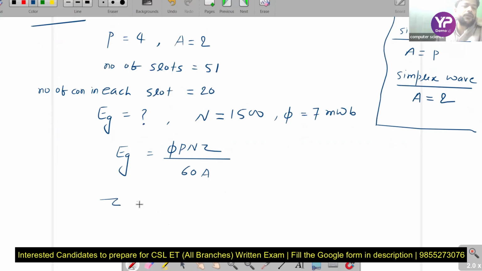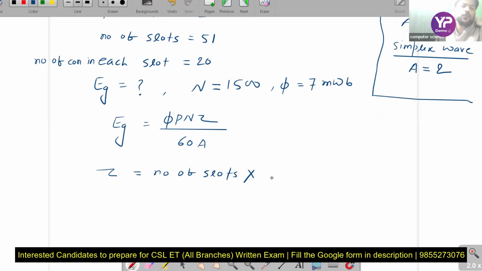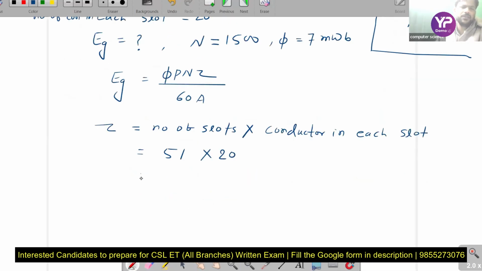So total number of conductors Z is equal to the number of slots into the conductors in each slot, so the total conductors of this machine is 1020.